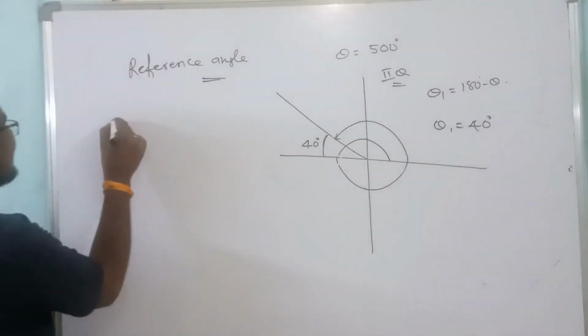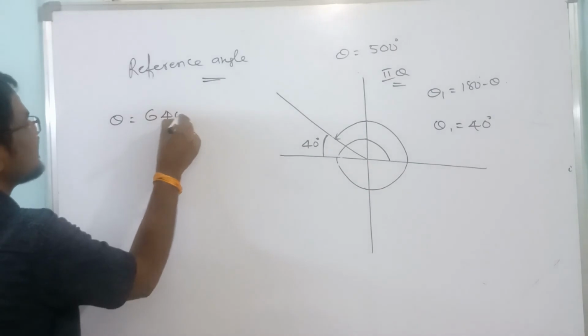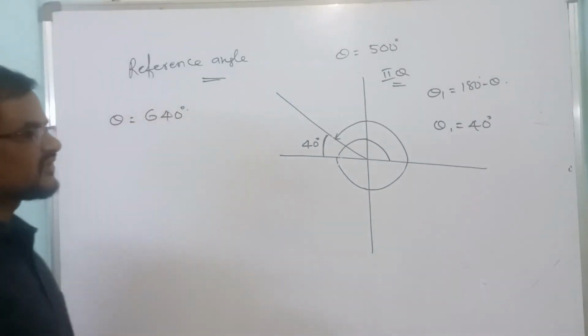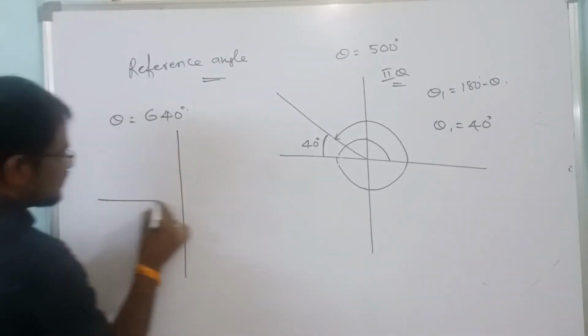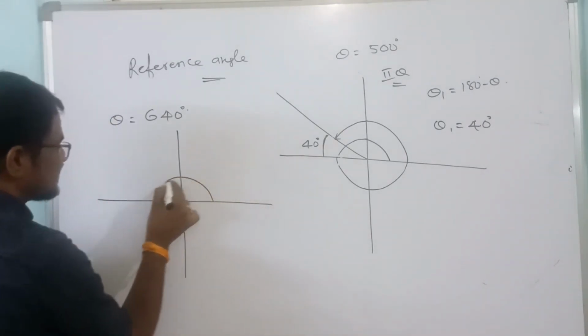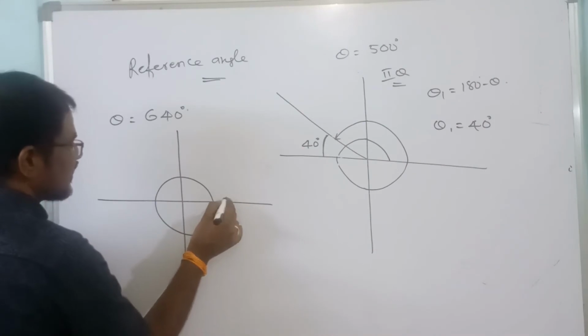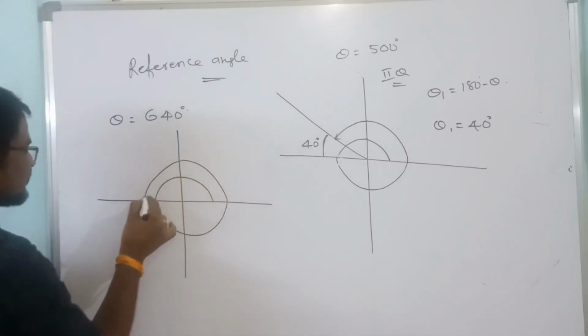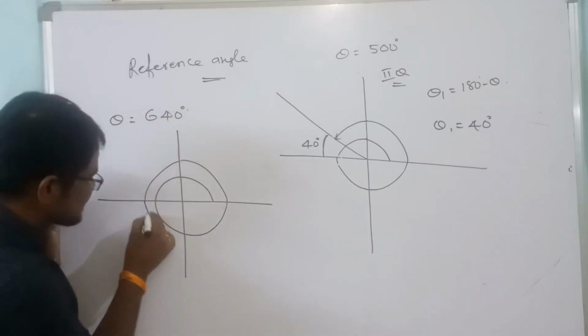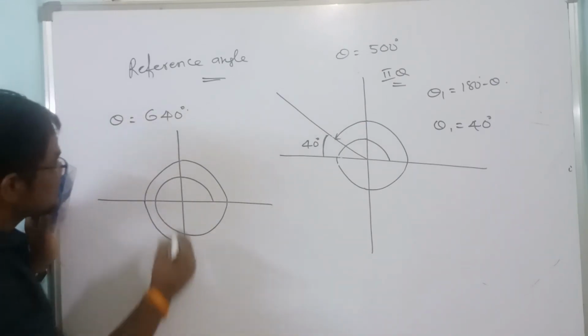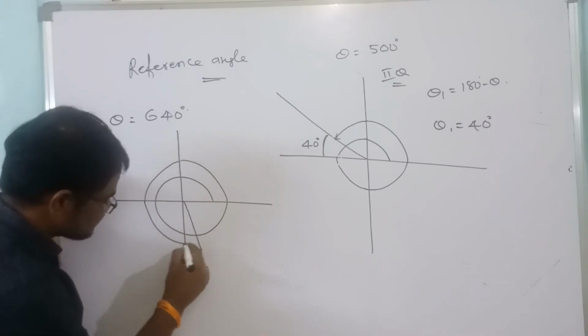Next, suppose theta equal to 640 degrees. What is the reference angle of this one? Like this we have to take. This is 360 and 450, 540, right? 540 plus 90 is 630, 630 plus 10 here.